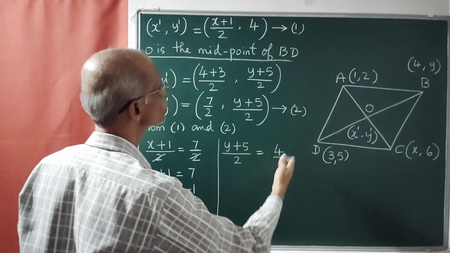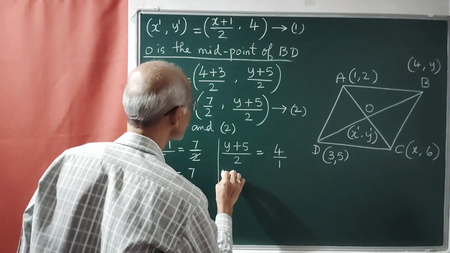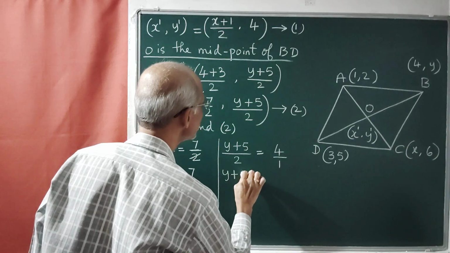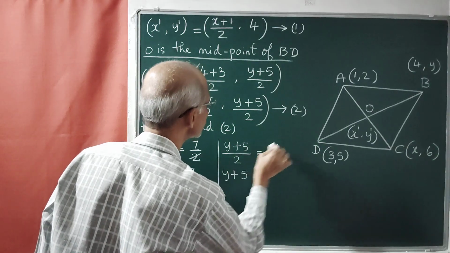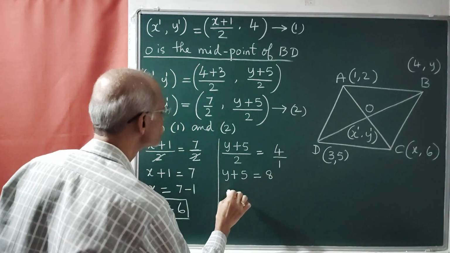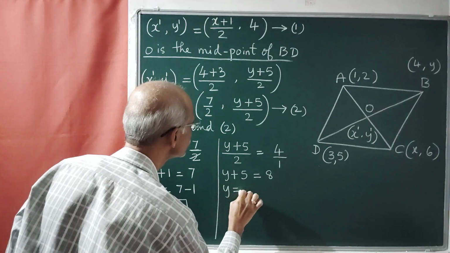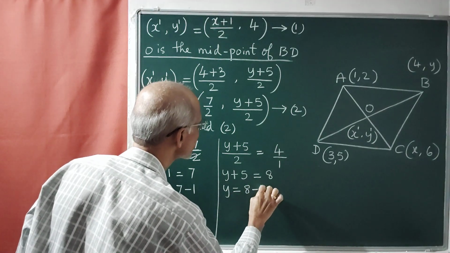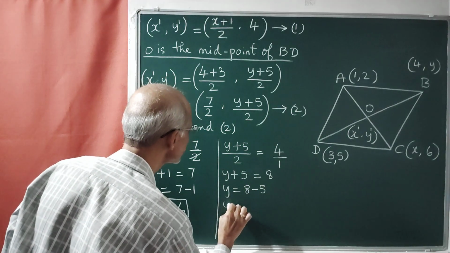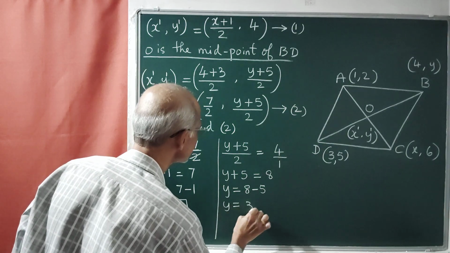Now we will cross multiply. So y plus 5 will be equal to 8. So y is equal to 8 minus 5. So y is equal to 3.